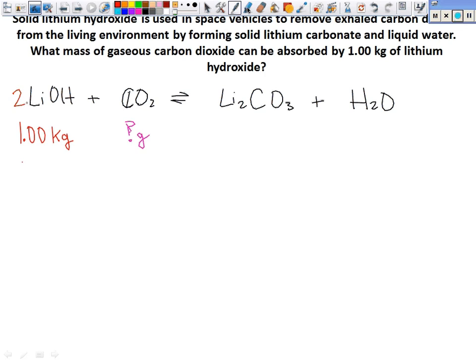Well, here's the issue here. That's not really a great way to start this problem out. Why? Because when you solve for the molar mass of lithium hydroxide, what will that unit be in? Grams. So what I would recommend doing is changing this to what? 1,000 grams.